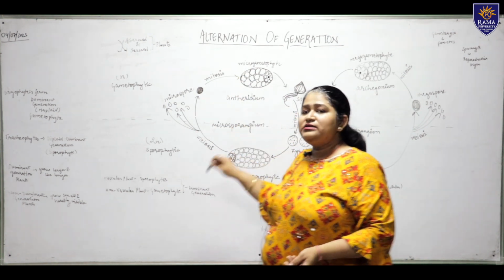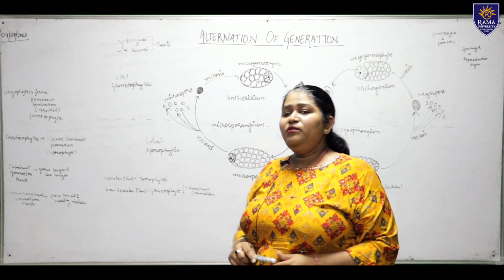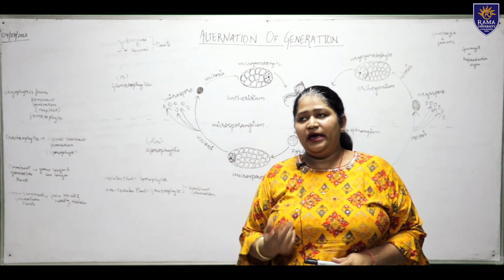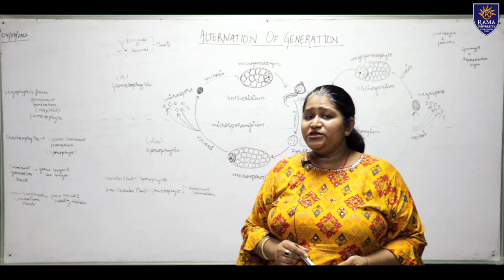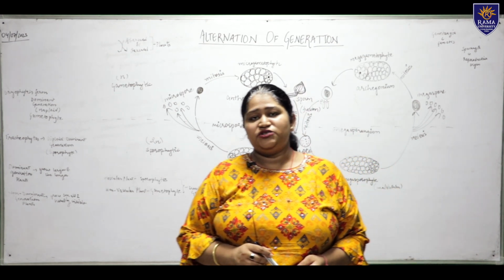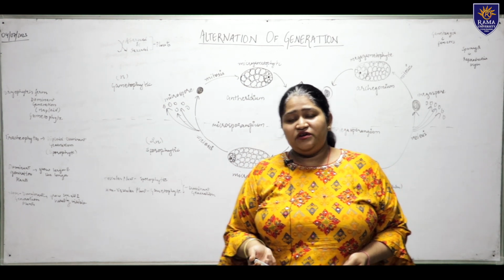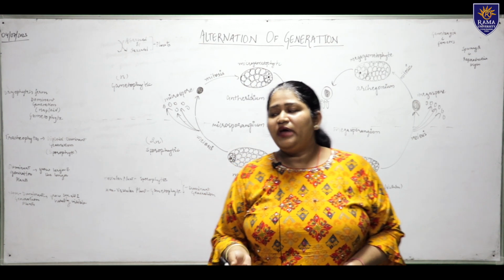This is known as alternation of generation, which occurs mainly in plants. It can be compared in animals with respect to sexual reproduction, but in plants both sexual and asexual reproduction take place, where alternation of generation takes place from haploid to diploid, or sporophytic to gametophytic state.